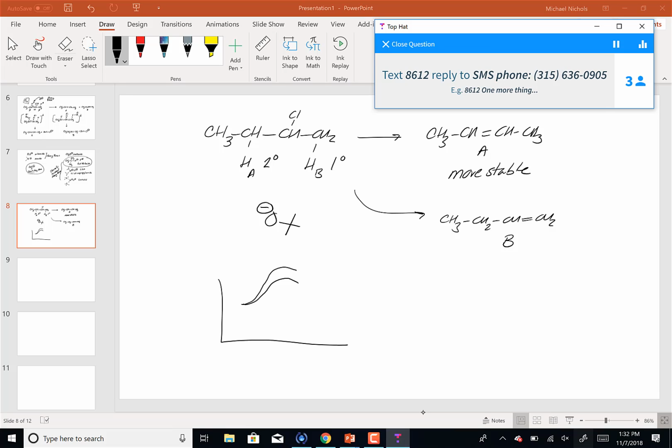When it pulls A or when it pulls B? Because what I want to do is put an A and a B on each one of these two transition states.